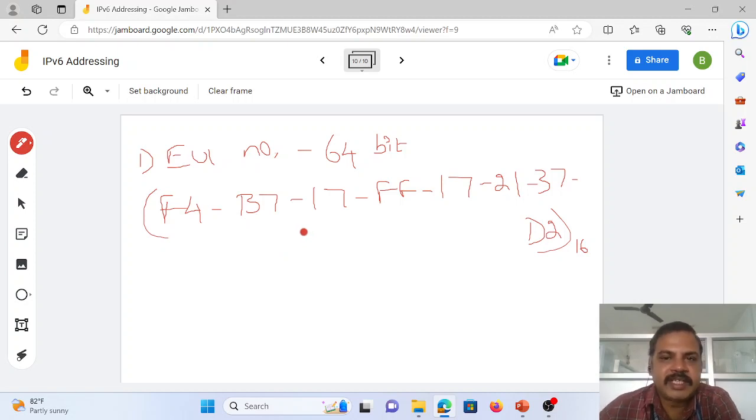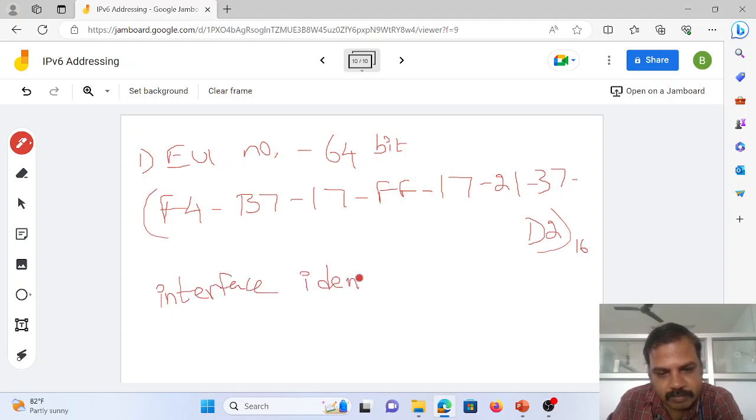In two ways we can derive the interface identifier: one from the EUI number, the extended unique identifier, and the other from the physical address. In the problem they have clearly mentioned they have given the EUI number. They are asking what is the interface identifier. It's easy. What is the only one change we are doing? We have to change the seventh bit.